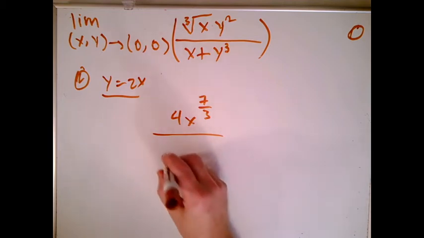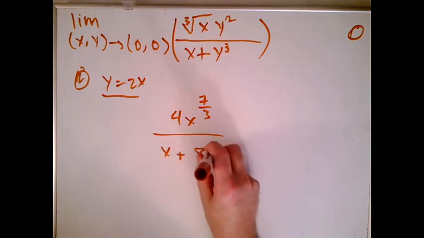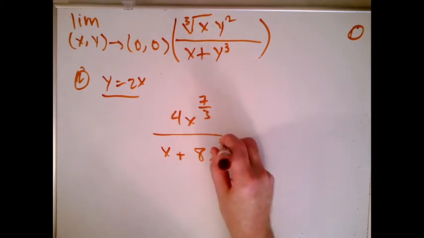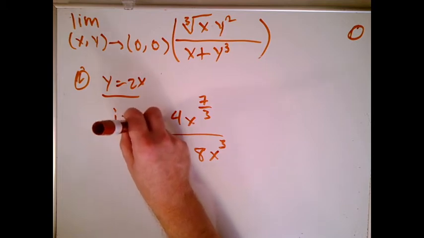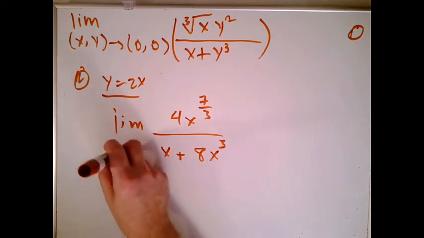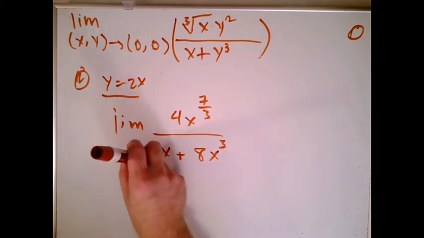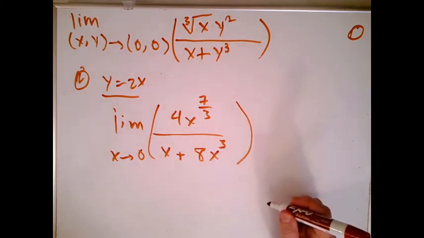On the bottom, I'm going to get x plus 8x cubed. Try to take a limit again. I'm not going to write down that x, 2x is close to 0, 0, because if x gets close to 0, so does 2x. So we are doing, after all, now a one variable limit.